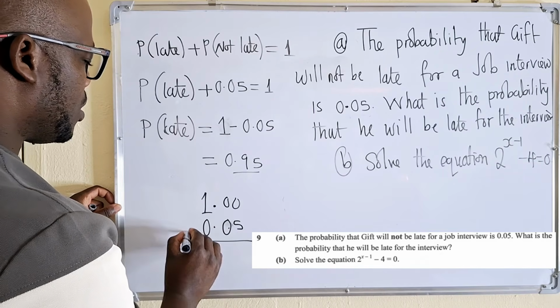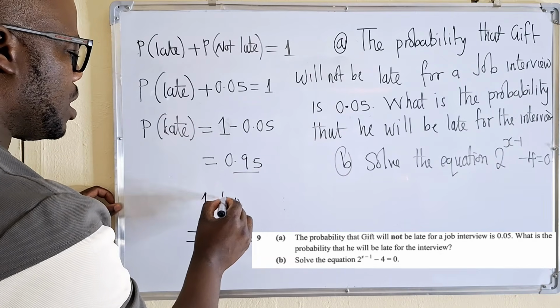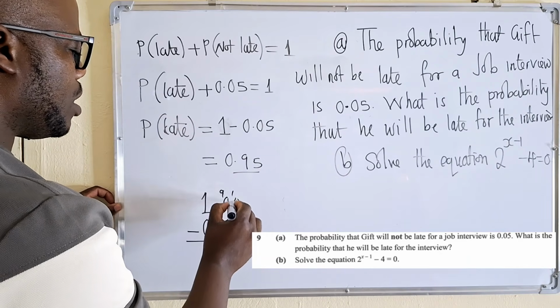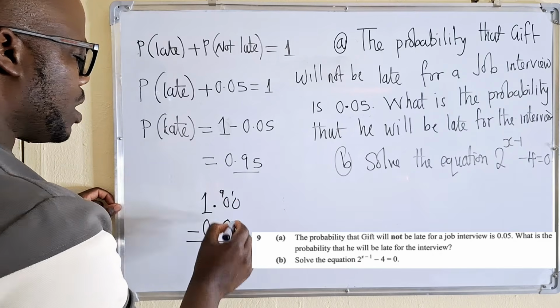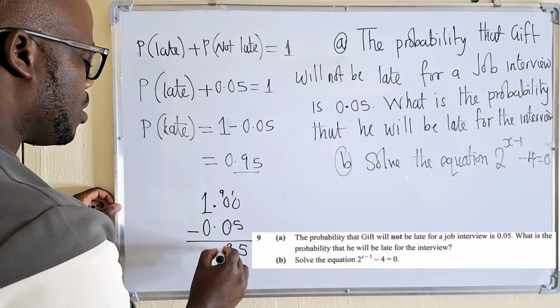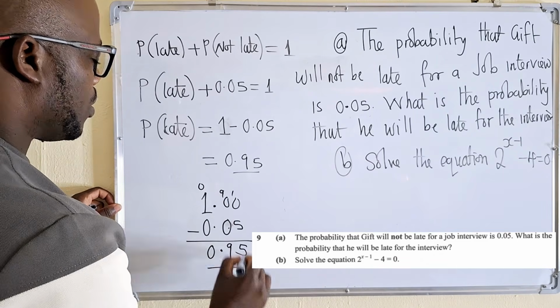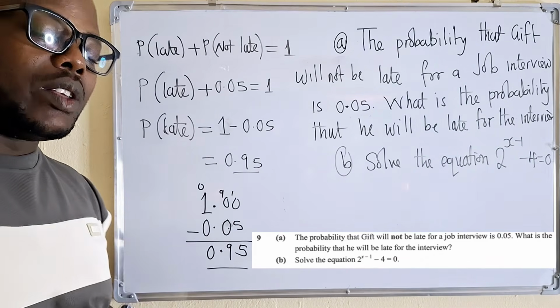Since we are subtracting, we shall say minus, this minus. Here we borrow a 1, here this becomes a 9, here it becomes a 10. So 10 minus 5, it's a 5. 9 minus 0, it's a 9 point. This is a 0. 0 minus 0, it's a 0. So this is how we got a 0.95.